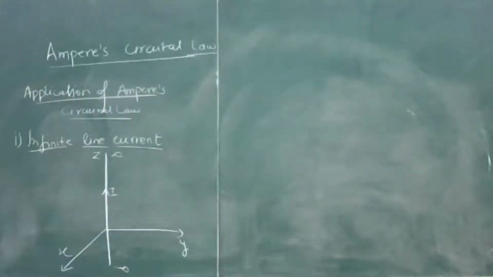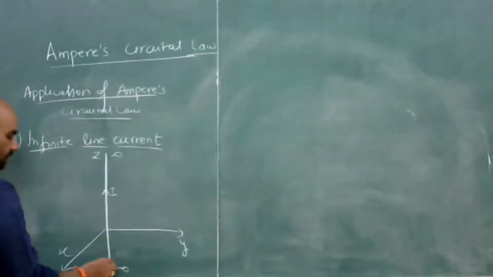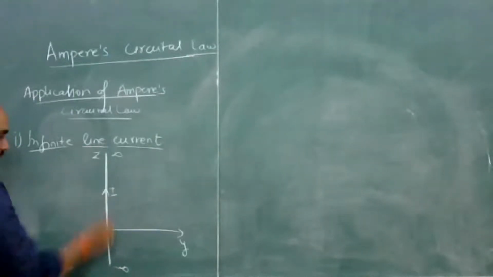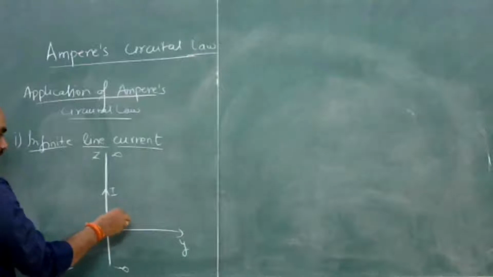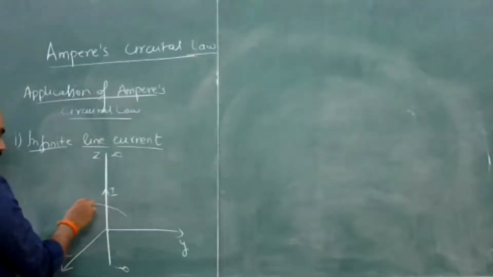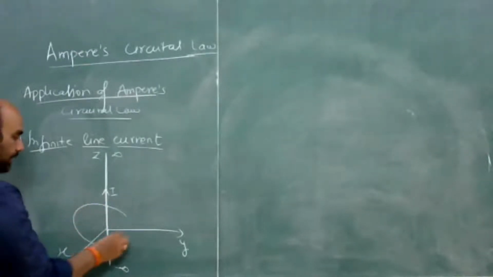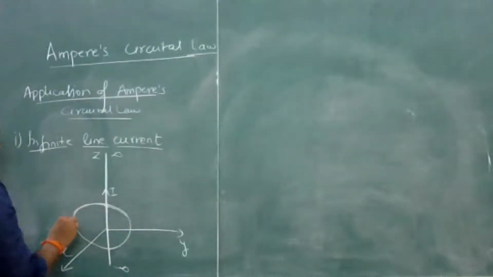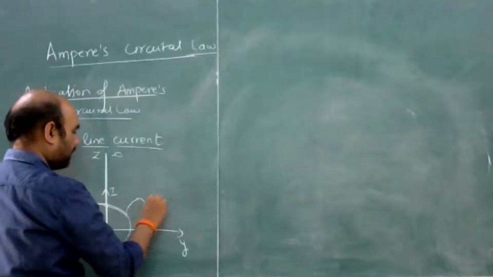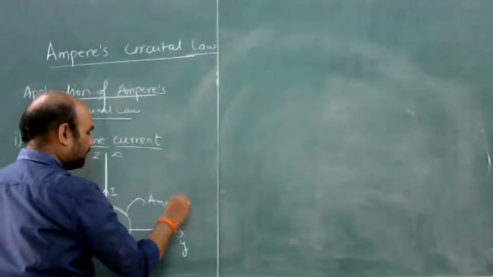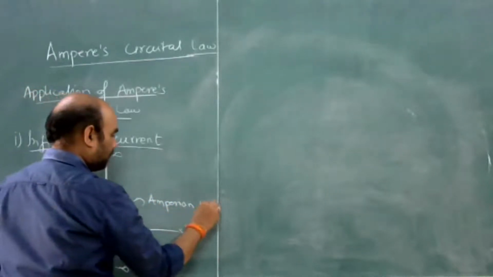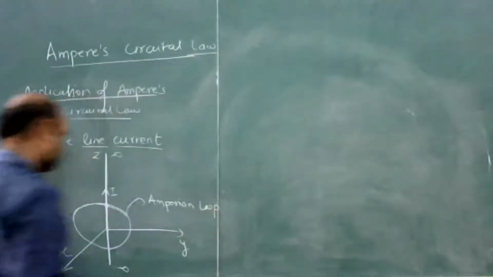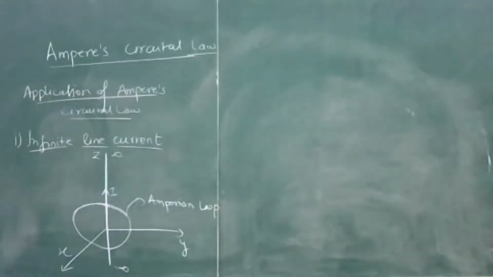So we know that whenever current flows in a direction, we get a magnetic field in the a phi direction. So this is our Amperian loop, the imaginary loop.